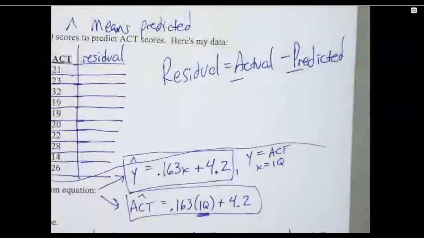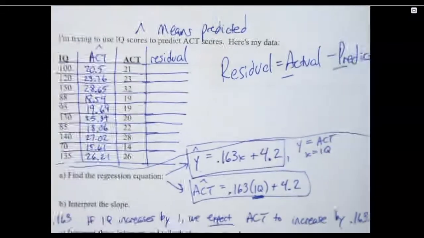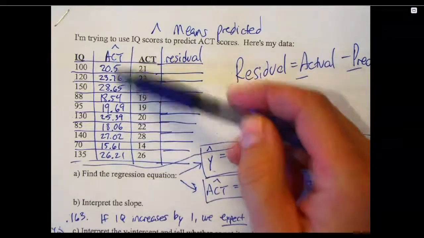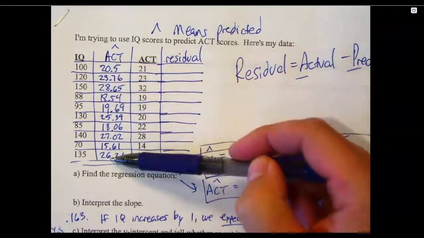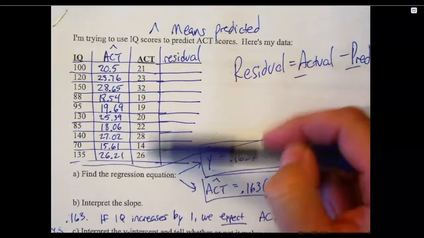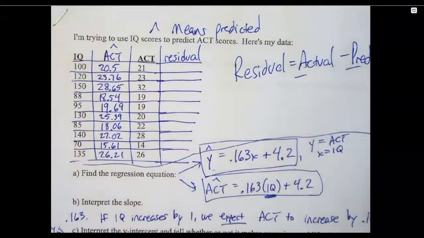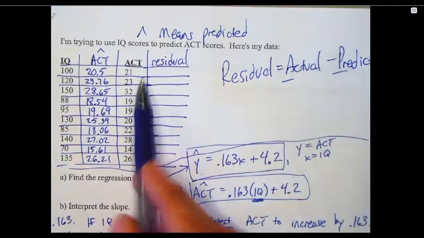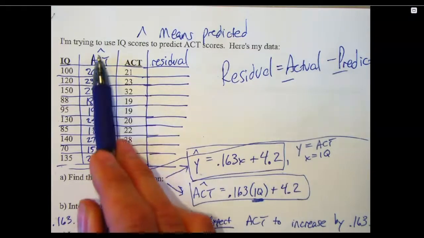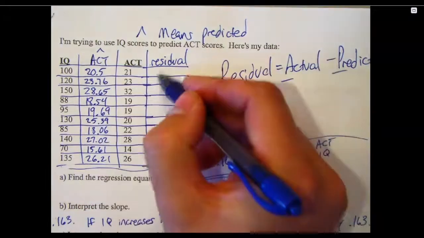The idea is that these are the scores that make that line. If I graph these, I'll get that line that goes through the middle of your points. But actual data is not exactly what you expect, right? And these are the actual data points, so there's a difference between them. So the residual is the actual score, which is the ACT, minus the predicted score, which is the ACT hat. So this residual is 0.5.